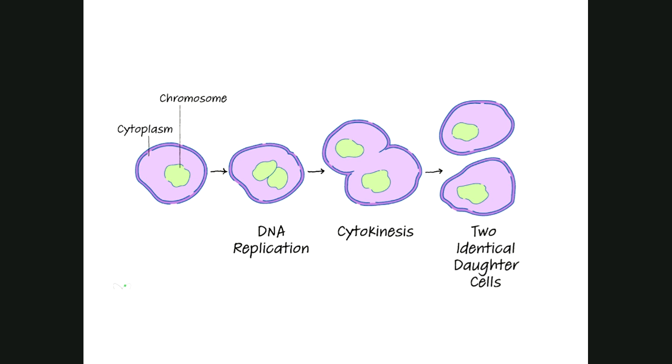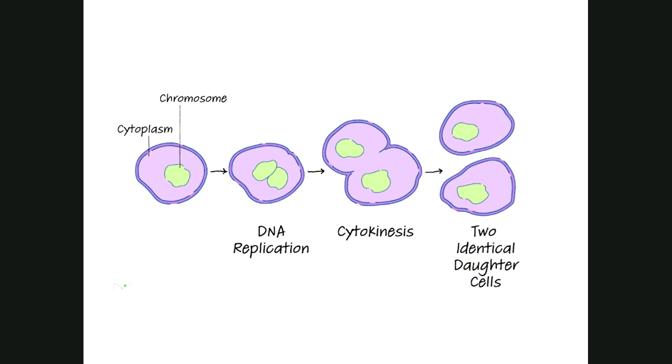Here in this picture, you can clearly observe that this is a single prokaryotic cell. This is not a nucleus, this is only a single circular chromosome, and this is the cytoplasm. When it goes for division by binary fission, what happens? This single circular DNA makes its own copy.